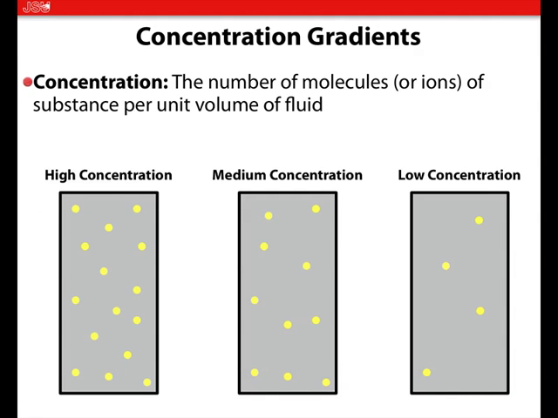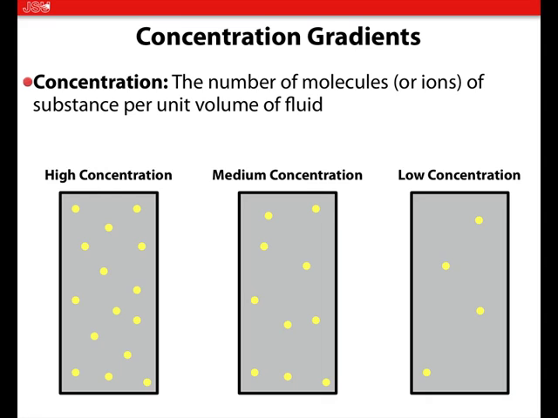Okay, so concentration is the number of molecules per unit volume of a substance or of a volume. So for example, let's use yellow dots as a molecule, and let's use these gray cylinders as a unit volume. If something has high concentrations, it's going to have a higher number of molecules per the same area.